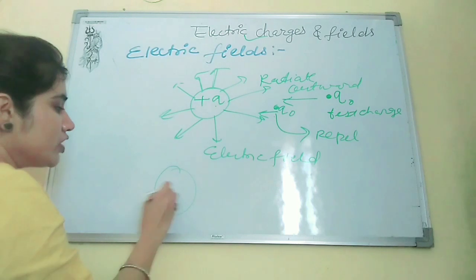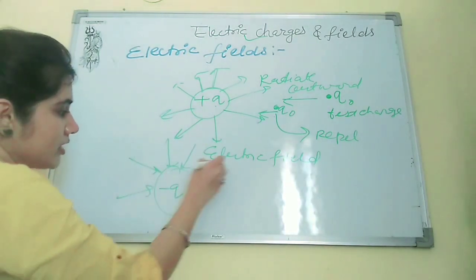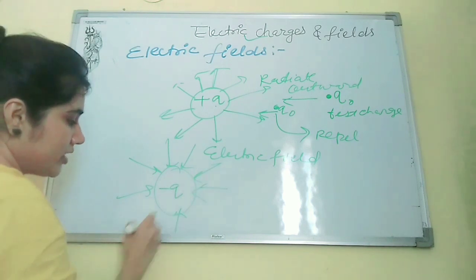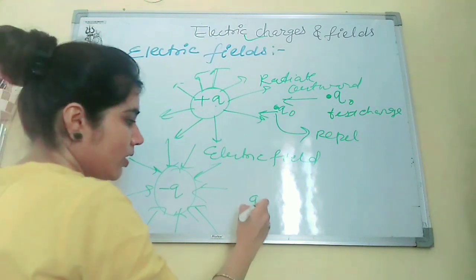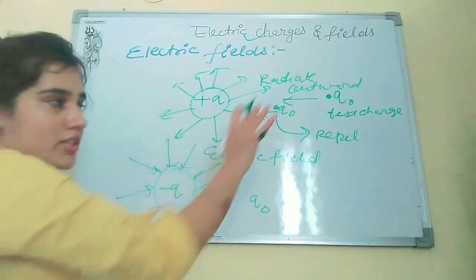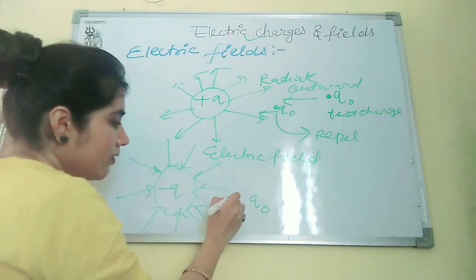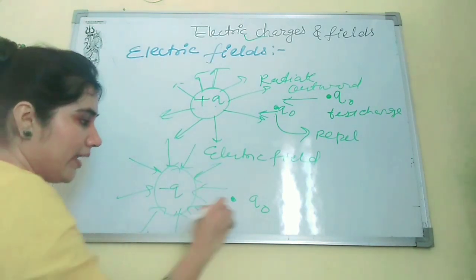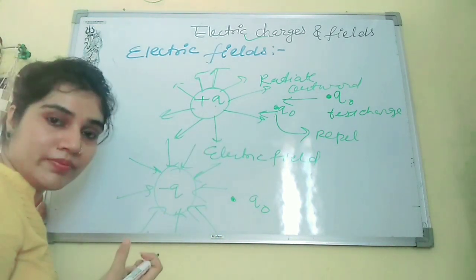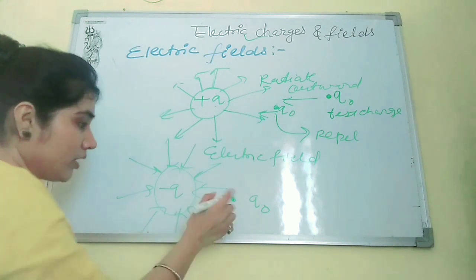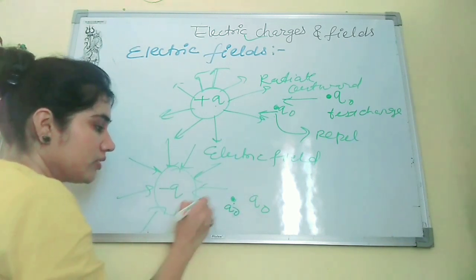Suppose this is a negative charge Q. Again this test charge Q naught is freely moving here with its constant speed. Now it comes to this point and feels some force, which is highly attracting Q naught.